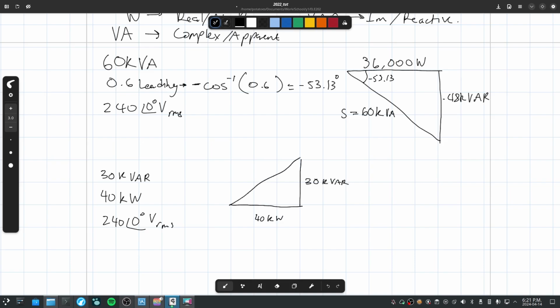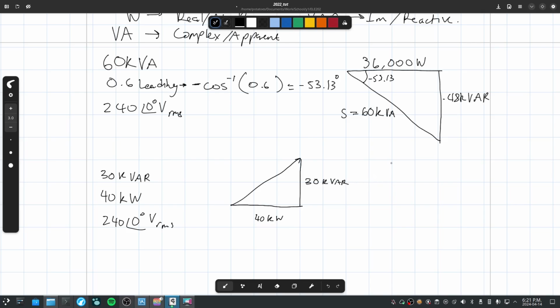And then we have our hypotenuse, or apparent power. Once again, just put it in your calculator. Put in 40,000 plus 30,000i, right? Because this is your imaginary component, you have to add i.